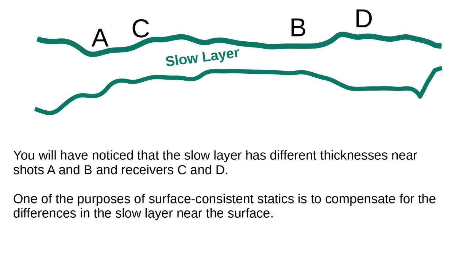You will have noticed that the slower layer has different thicknesses near shots A and B and receivers C and D. One of the purposes of surface consistent statics is to compensate for the differences in the slow layer near the surface.